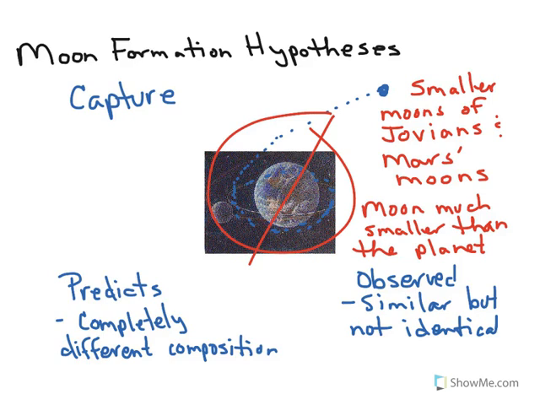A small asteroid, like the moons of Mars, that we can capture. The Jovian planets capture comets and asteroids, and smaller things, yeah, you're going to be able to capture those. Something as large as our moon probably are not going to be able to capture it. So capture hypothesis is eliminated.